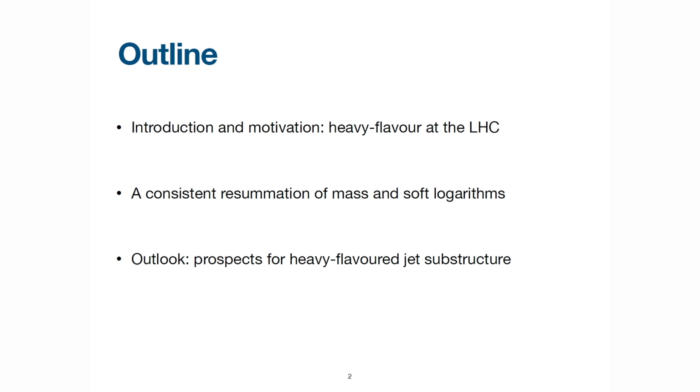The bulk of the talk will be a description of a resummation calculation that aims to account for logarithms of the mass of the heavy quark we are considering, but also some soft logarithms that you may encounter. And then I'll finish off with some future prospects on projects that we are working on that essentially try to describe the substructure of heavy flavored jets.